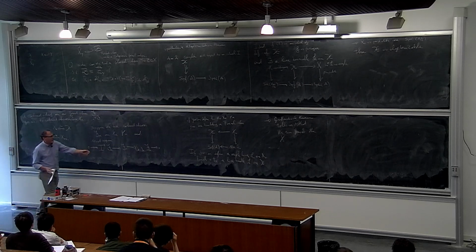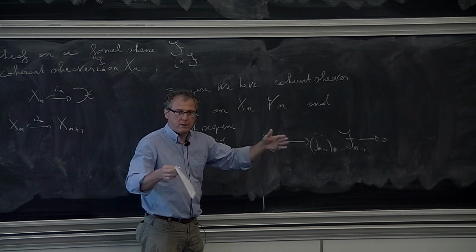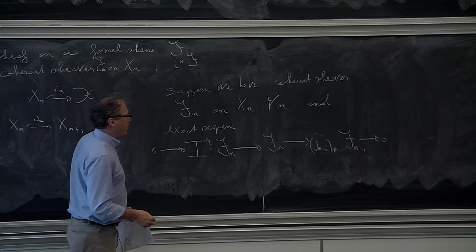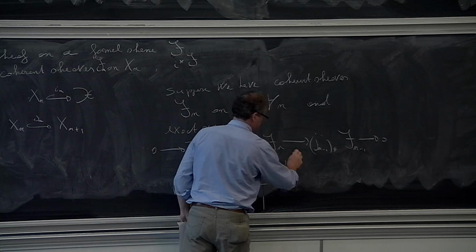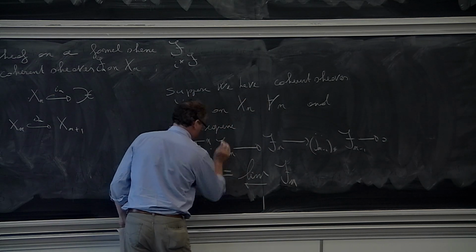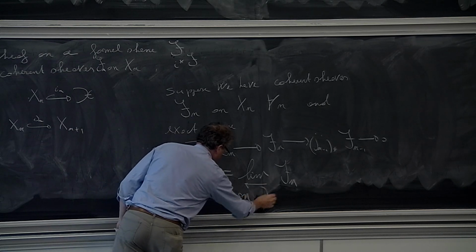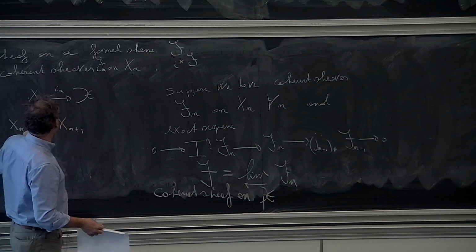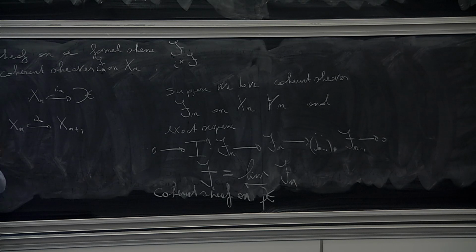So you see, I'm just saying that I'm taking a coherent sheaf on each of the Xn, which give a projective system, and I can consider the limit of Fn by this map, and this will give rise to a coherent sheaf on X. So given a coherent sheaf on X, I get sheaves on Fn, and actually F will be the limit of the Fn.